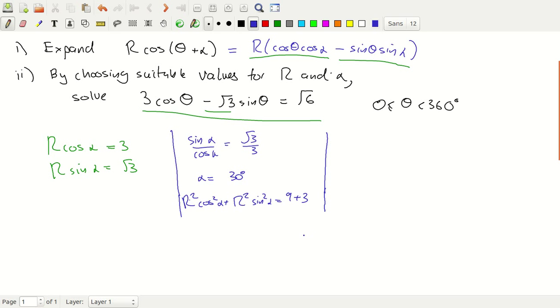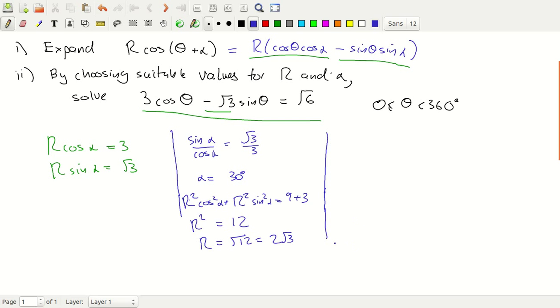Why does that help? You've got r squared times (cos squared plus sine squared). But whatever the value of alpha is, cos squared alpha plus sine squared alpha is always equal to 1. So you get r squared equals 12. So r is root 12, which should be simplified to 2 root 3.